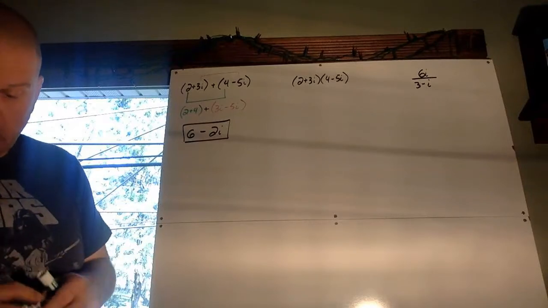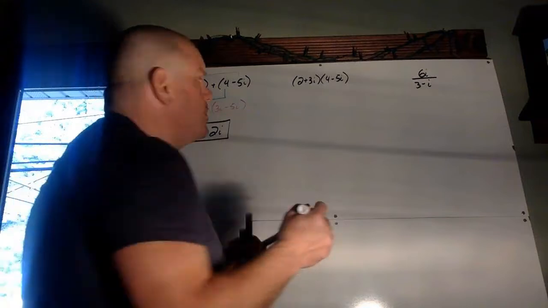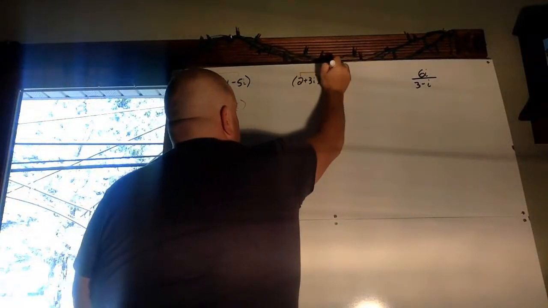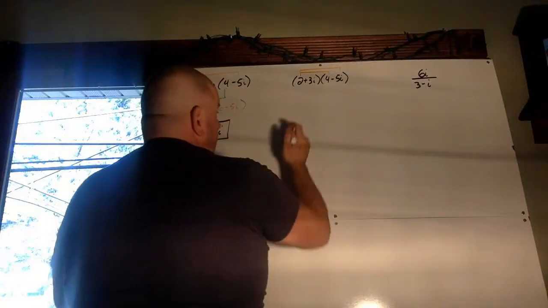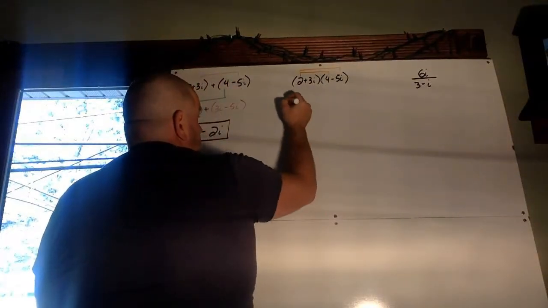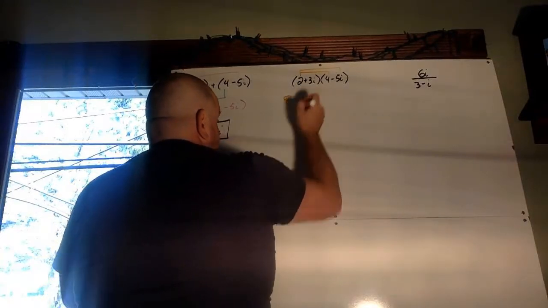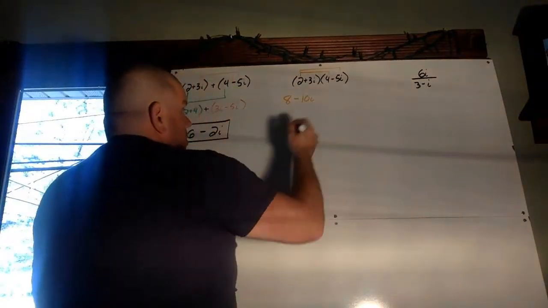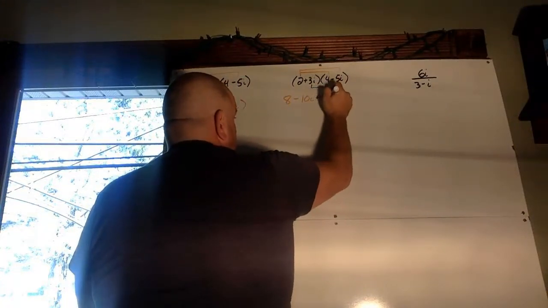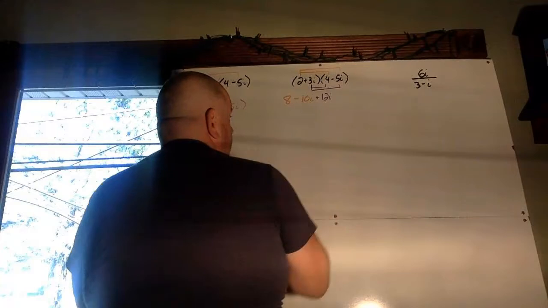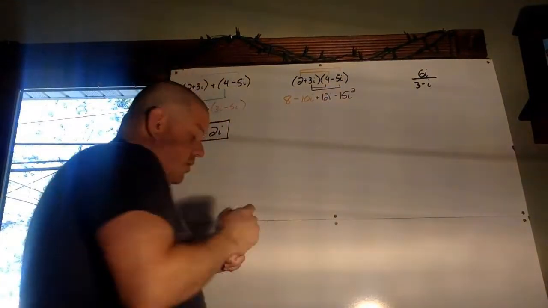Okay? Because we just combine the like terms. On multiplication, double distribute: 2 times 4 and 2 times 5i, or negative 5i, excuse me. So 2 times 4 is 8. 2 times negative 5i is negative 10i. 3i times 4 is 12i. 3i times negative 5i is negative 15i squared.